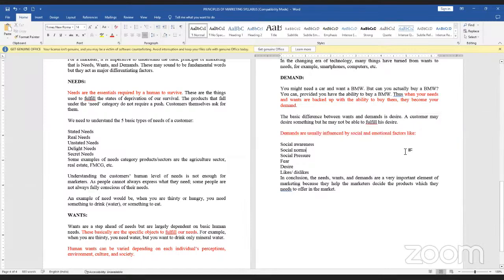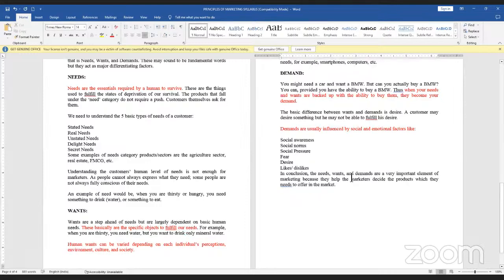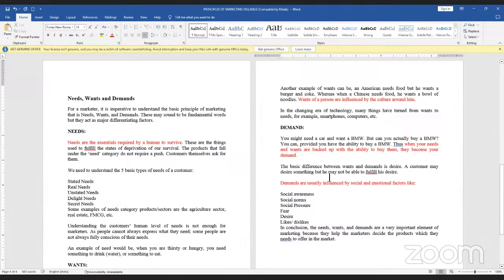In society, your social awareness, your social norms, pressure, fear, desire, likes and desires, these all influence you to buy the product or to acquire that product at any cost. So demand is influenced by various social and emotional factors. Right, that's about need, wants, and demand.